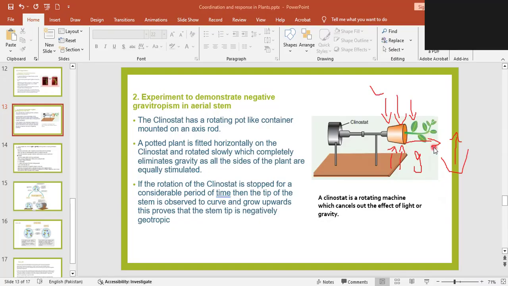It means now the force of gravity is directional. Only one part of the plant is receiving that force, or one part of the plant is receiving that light. Only this area. This area is not receiving the light or gravity. The gravity is only applied on this area. It is not applied on the upper part. Now, what will happen? You know, the shoot grows towards the light. You see, the tip of the plant, this area, is now bending slightly.